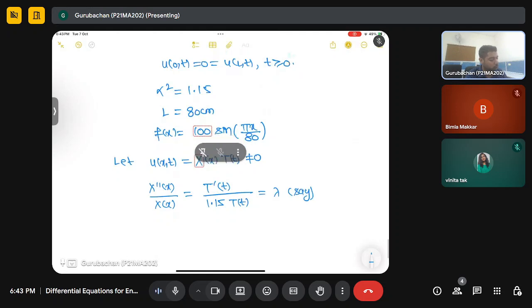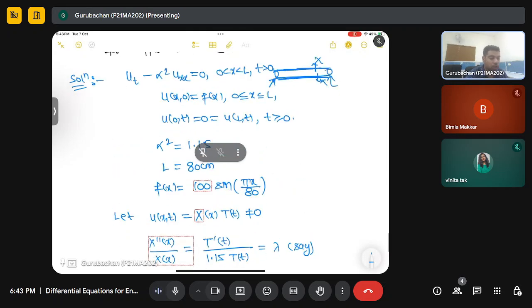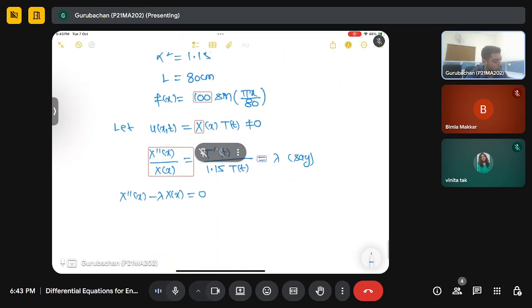So from here your Sturm-Liouville system will become X double dash minus lambda X equals 0, and we have given u(0,t) is 0 and u(L,t) is 0. So u(0,t) is 0 will imply X(0) T(t) is 0, that means X(0) is 0.